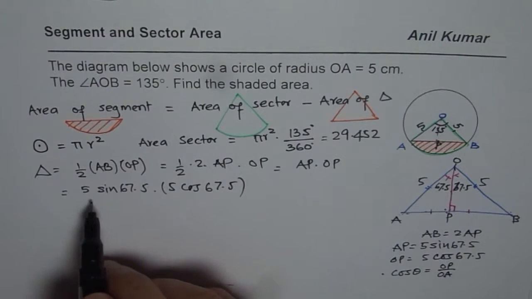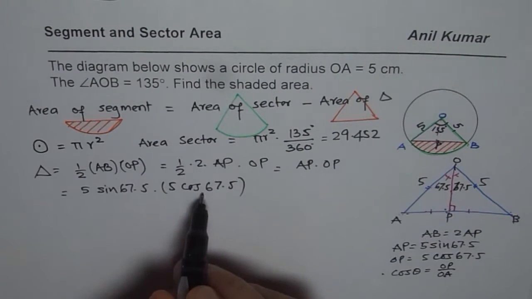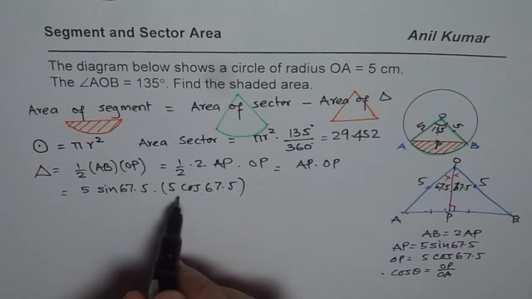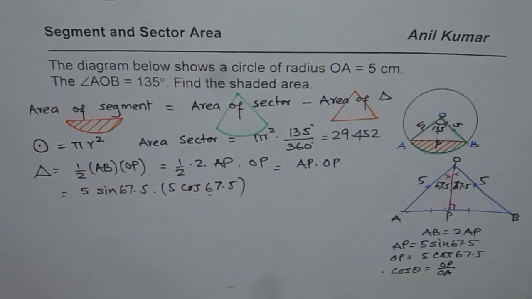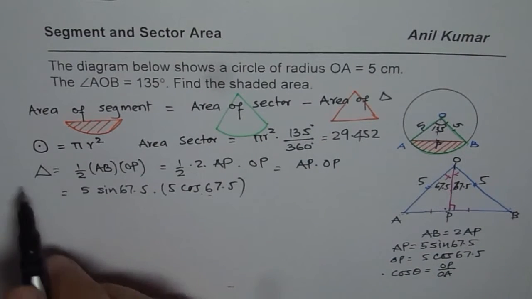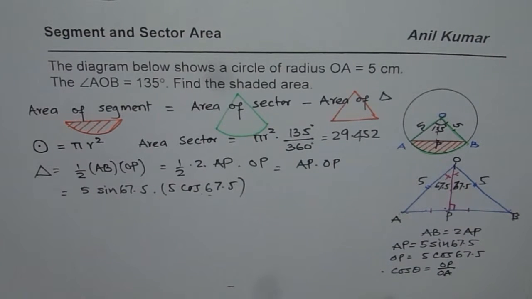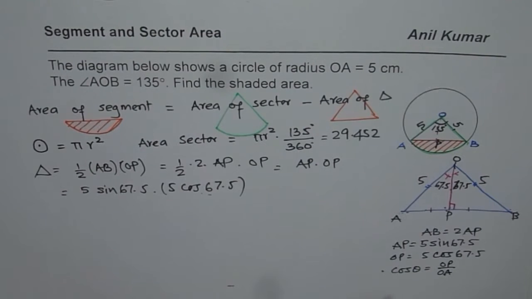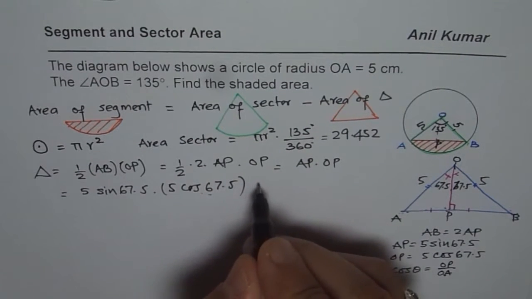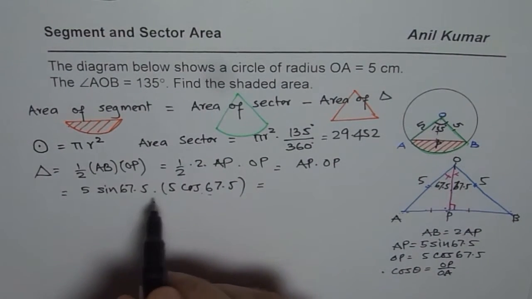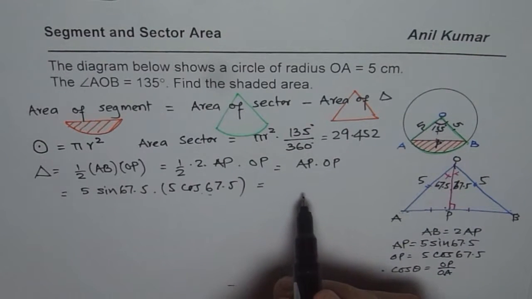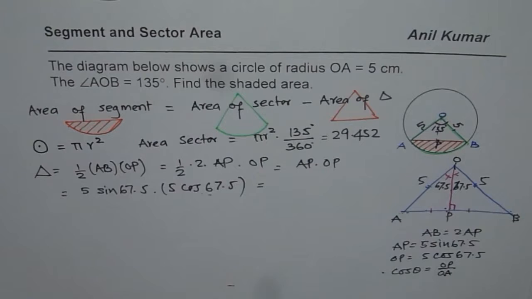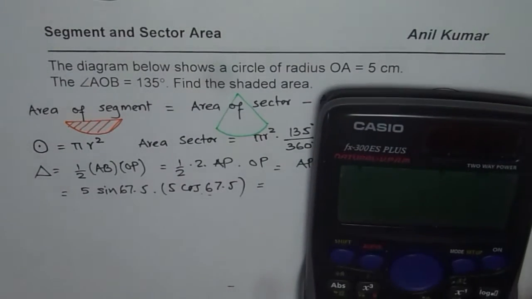I'm purposely writing it like this so that some of you can understand. You remember the formula 2 sine A cos B, correct? You could use that here, to get the answer in terms of sine 135 degrees, right? At present, you can just find these two sides, multiply, and you get your answer there and then. I'm going an extra step here, but we can calculate and find the answer at this stage also.